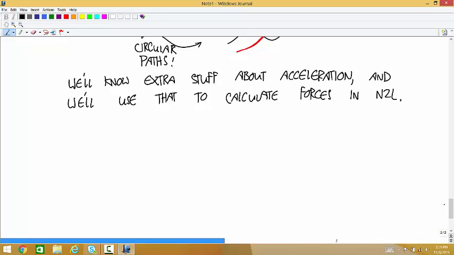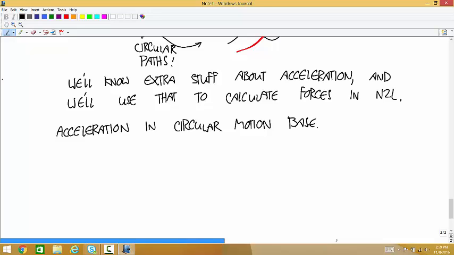So the most important ideas in circular motion, that extra acceleration information in circular motion is based on the fact that the acceleration that's parallel to the velocity vector determines whether an object is speeding up or slowing down.